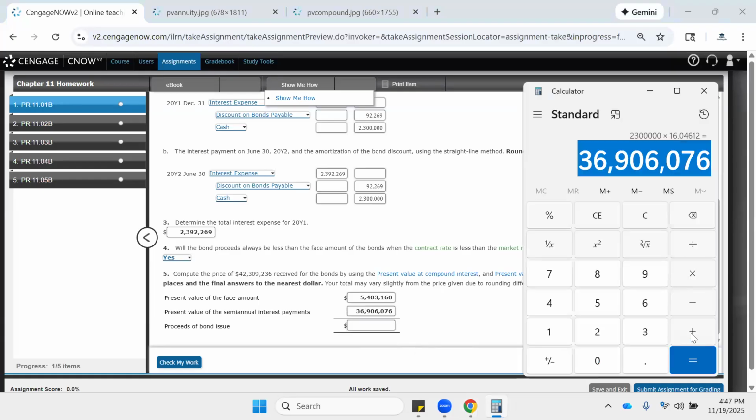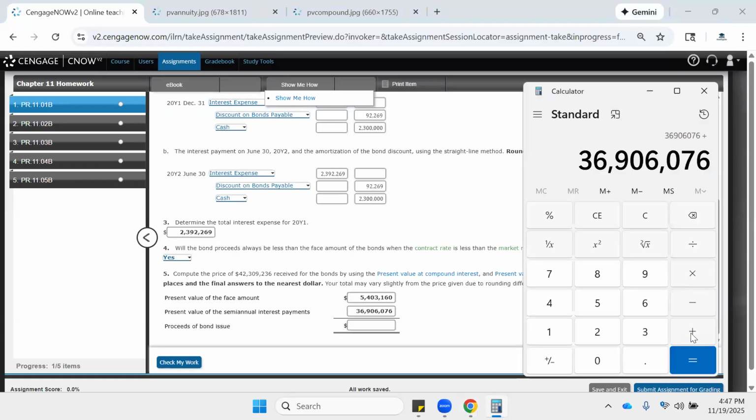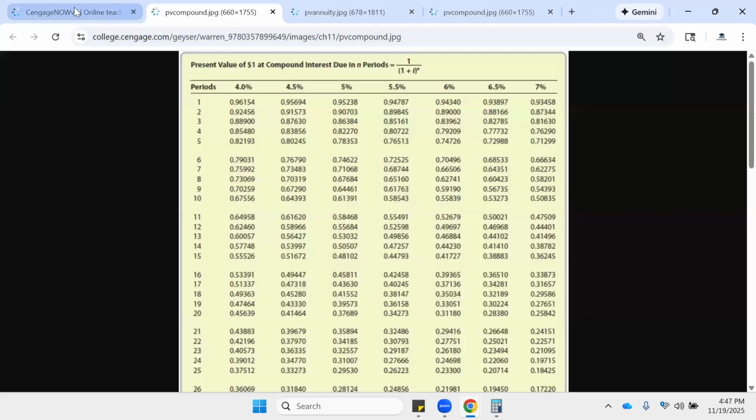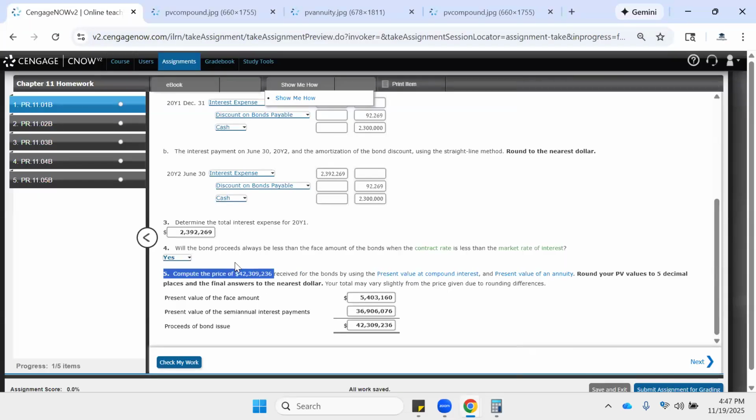And then if we add these together with 5,403,160, we get 42,309,236. And that is the same amount that the bond got issued for at the market rate.